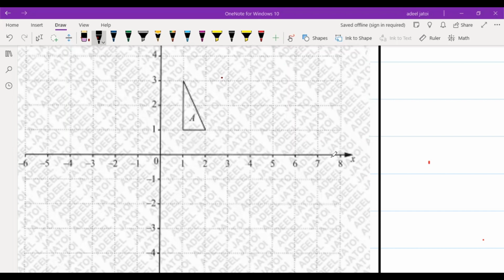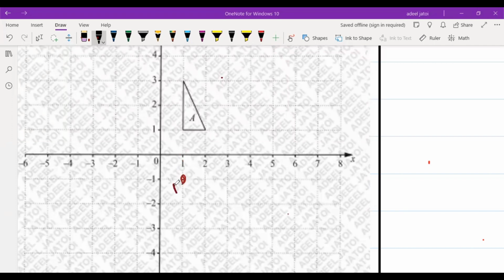Since the object distance of point A from the reflection line is 1, the image distance from the reflection line in the opposite direction will also be 1.